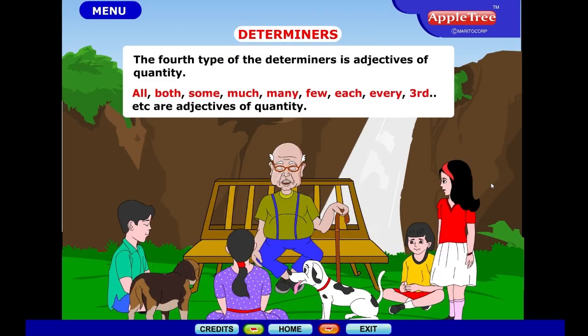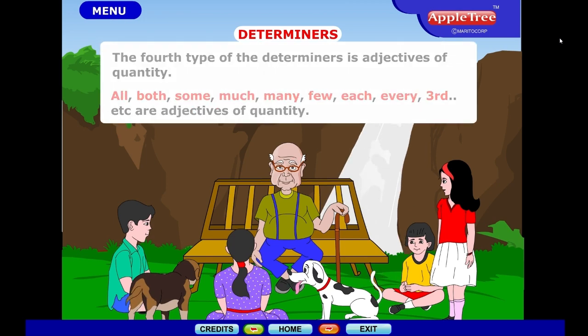The 4th type of determiners is adjectives of quantity. All, both, some, much, many, few, each, every, third, etc. are adjectives of quantity.